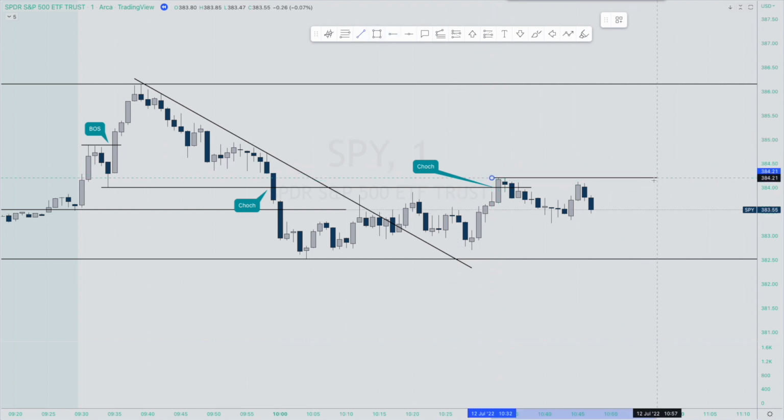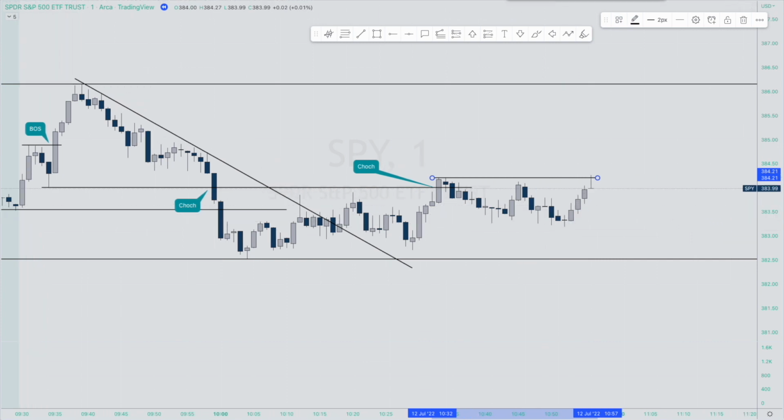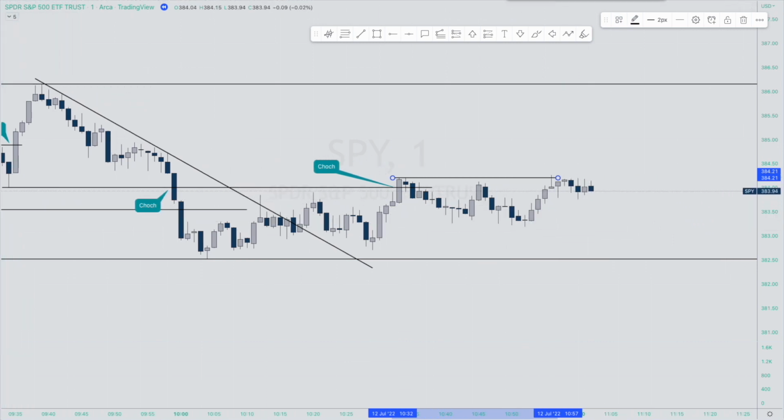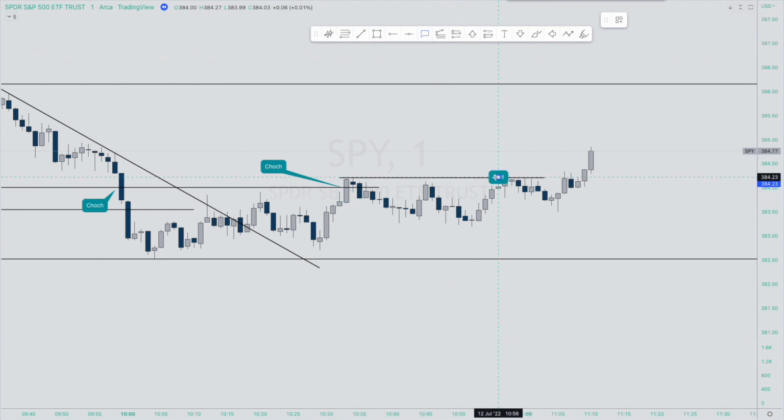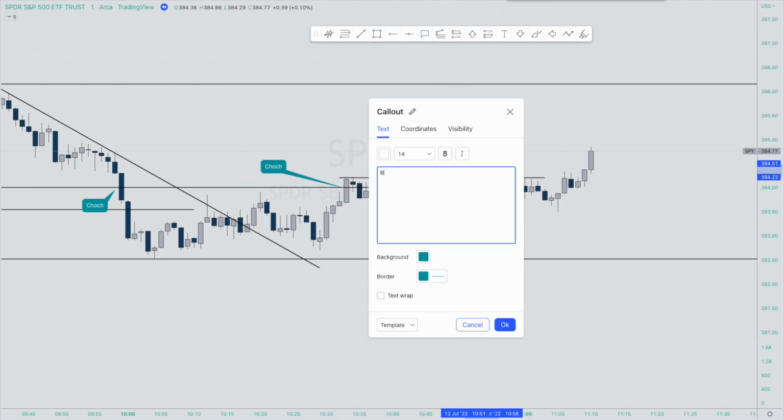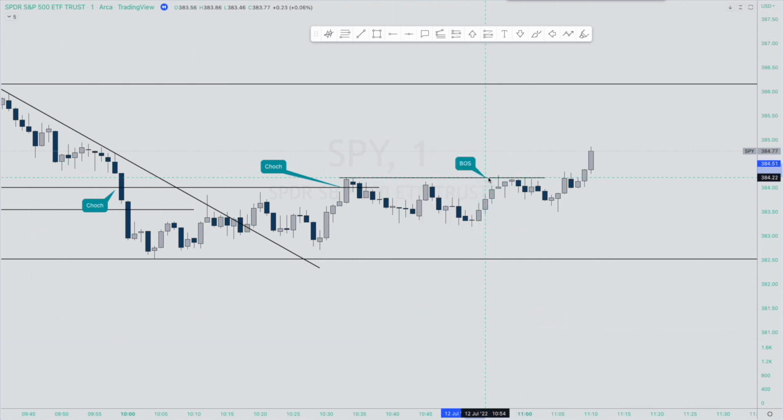I didn't have that drawn, sorry. So there you go. You had a break of that high. There's your break of structure. I know it's very small. There's some traders that don't include wicks. They want a candle above, but you technically had a break of structure right here.